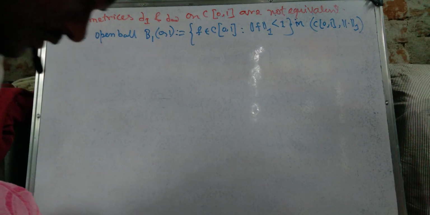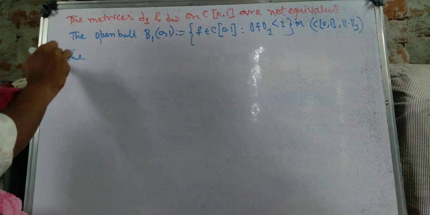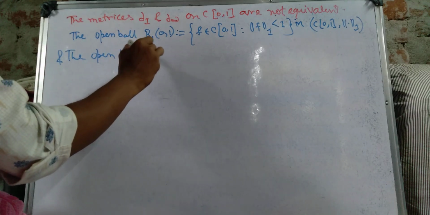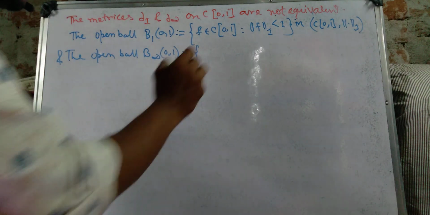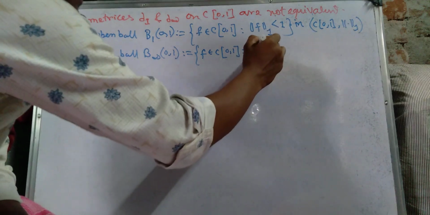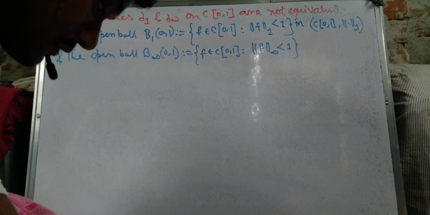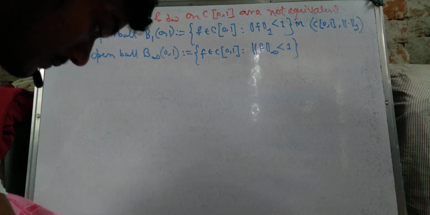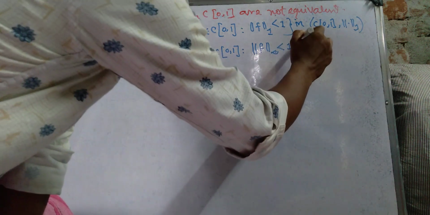And the open ball B infinity(0,1) is equal to those f belonging to C[0,1] such that the infinity norm of f is less than 1, in C[0,1] with norm infinity.